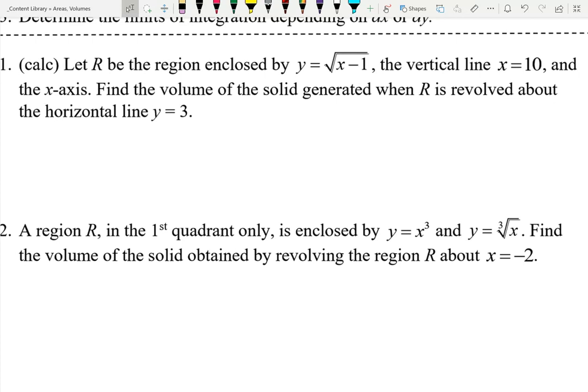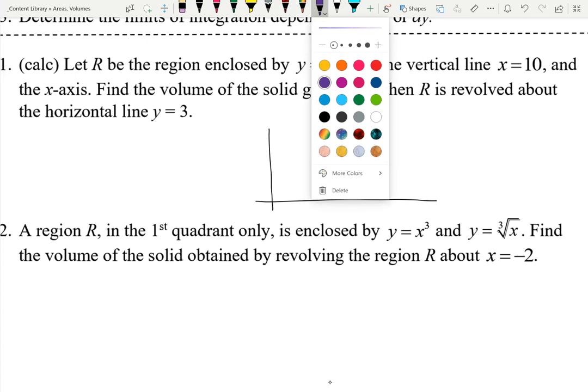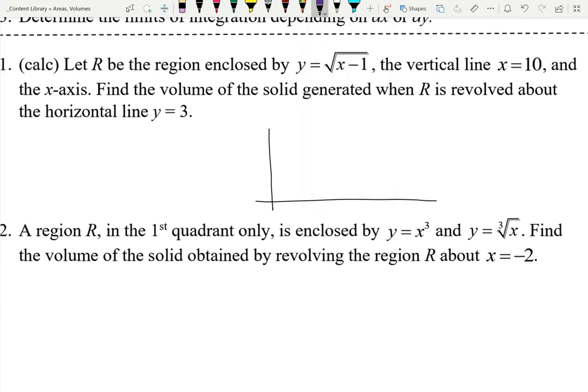So let's see here. Square root of x minus 1 is going to be the square root of x shifted over 1 unit to the right. So when you plug 1 in for x, for instance, you will get 0, and then it's going to go off like that.